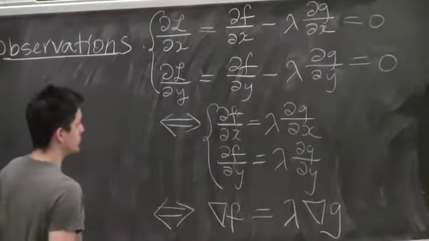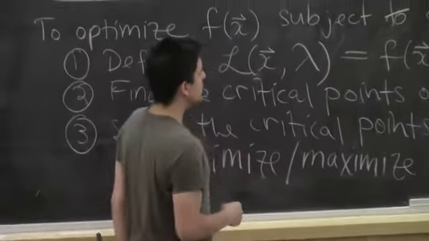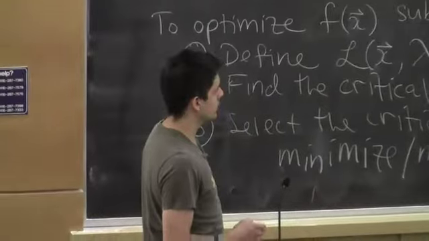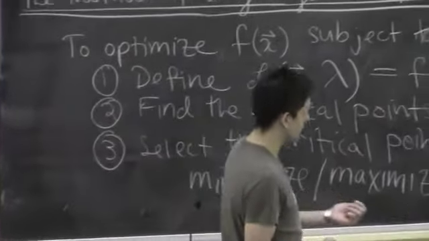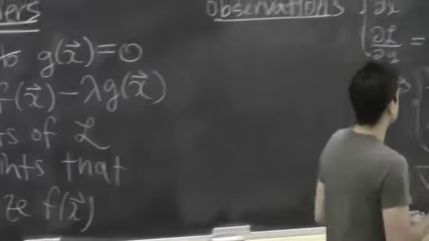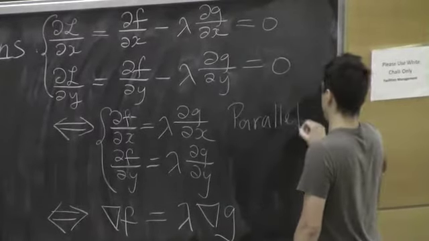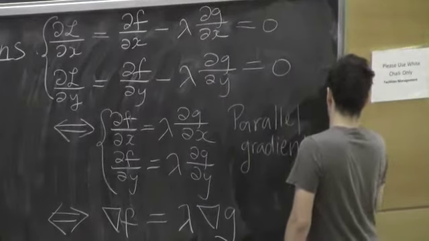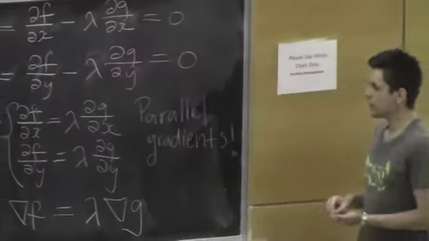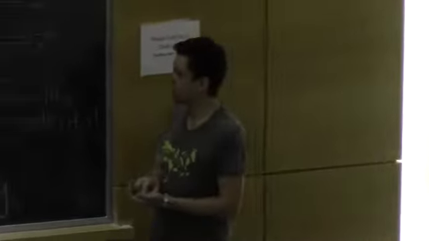And there's the components of the g gradient. Okay, so really what being a critical point is all about is that we get parallel gradients. Okay, so that's observation 1, is that these guys wind up having parallel gradients.